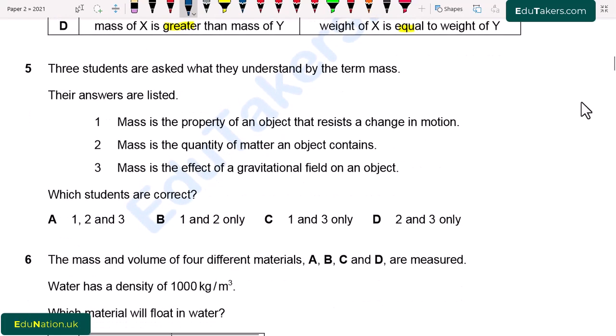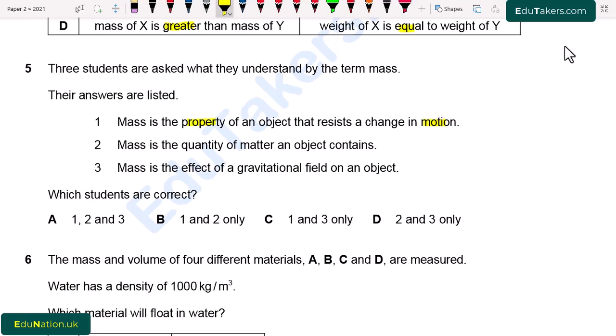Question number 5. Three students are asked what they understand by the term mass. Their answers are listed. 1. Mass is the property of an object that resists a change in motion. 2. Mass is the quantity of matter an object contains. 3.